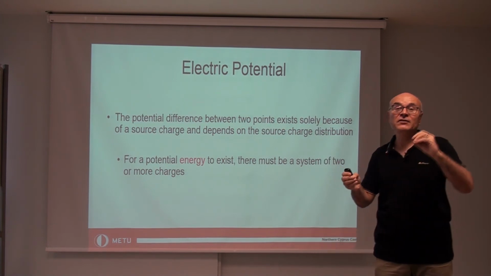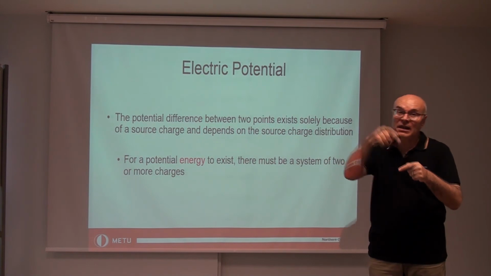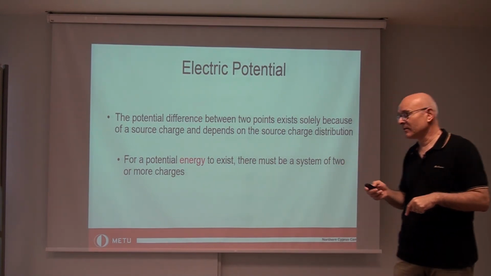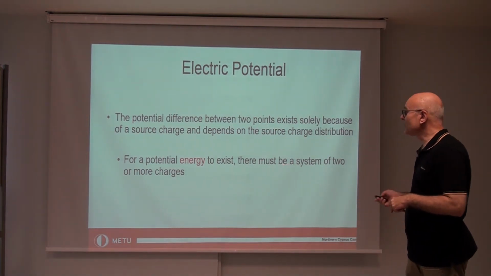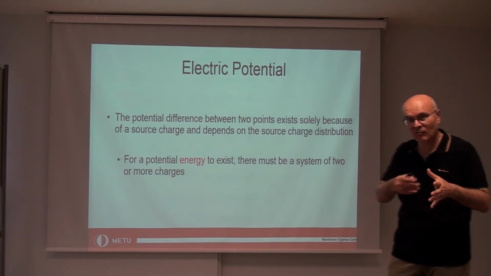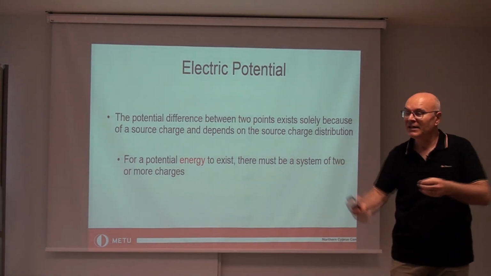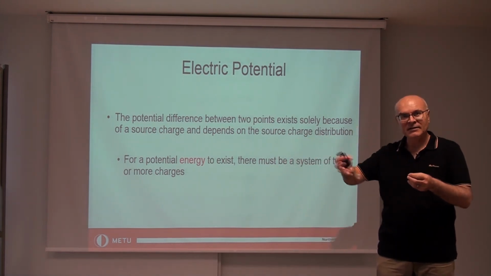However, to define the potential energy, you need a system: field plus charge inside it. So this is an important point. For potential energy to exist, there must be a system of 2 or more charges. In other words, you must have a field generated by one charge or charge distribution, and there should be another charge or charge distribution in that field.